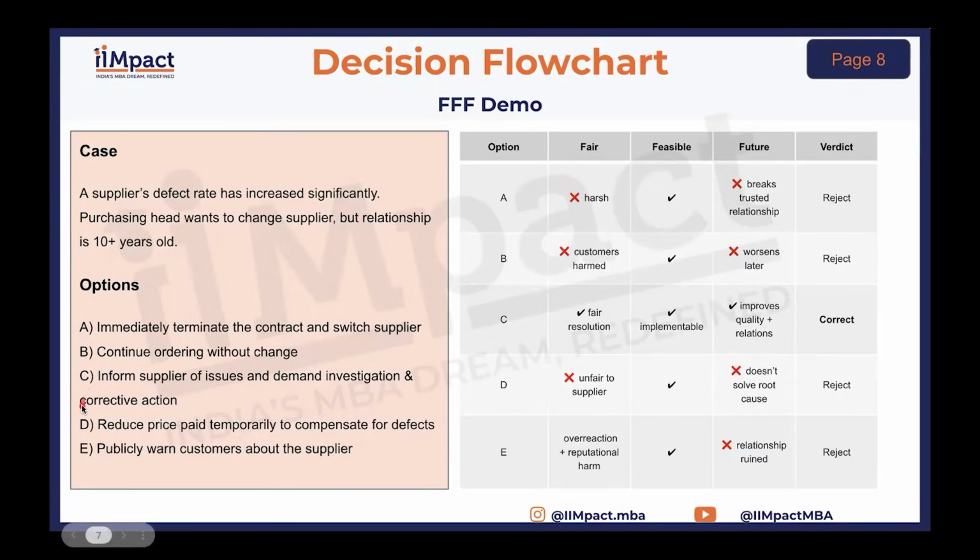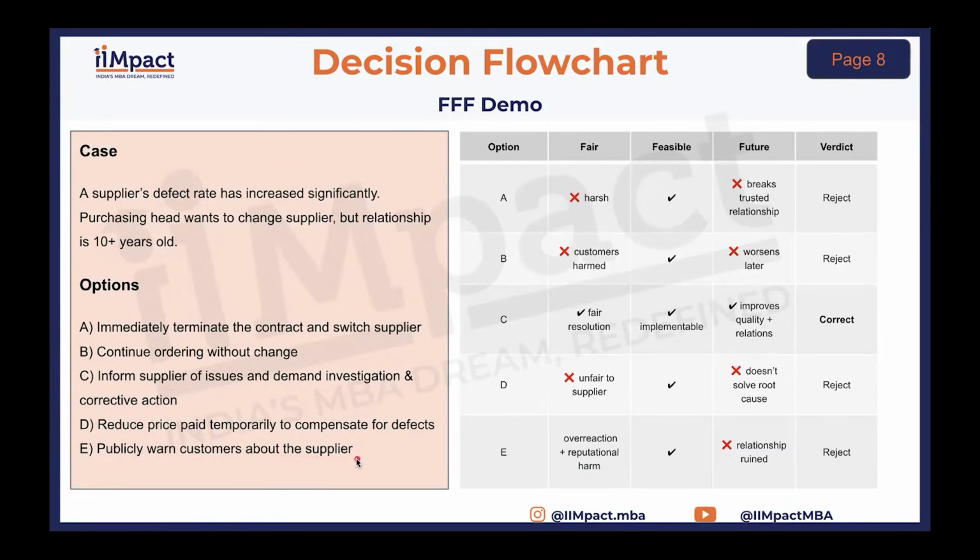If they are not able to take that corrective action, you give them an extra incentive to implement that by reducing the price paid. And if even after that they are not able to bring up the quality, then you terminate the contract. So the escalation happens C, D, A here. So immediately firing and reducing the price as the first step, it is not valid.